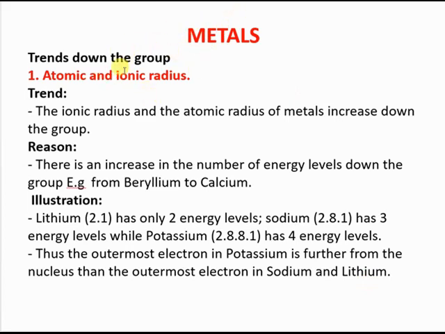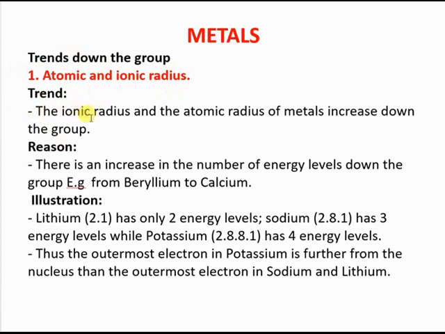Generally, metals have a similar kind of trend down the group, so group 1 and group 2 elements will have the general trend down the group. I want to assume that now you know what an atomic radius and ionic radius are. Therefore, what happens to the atomic radius down the group?